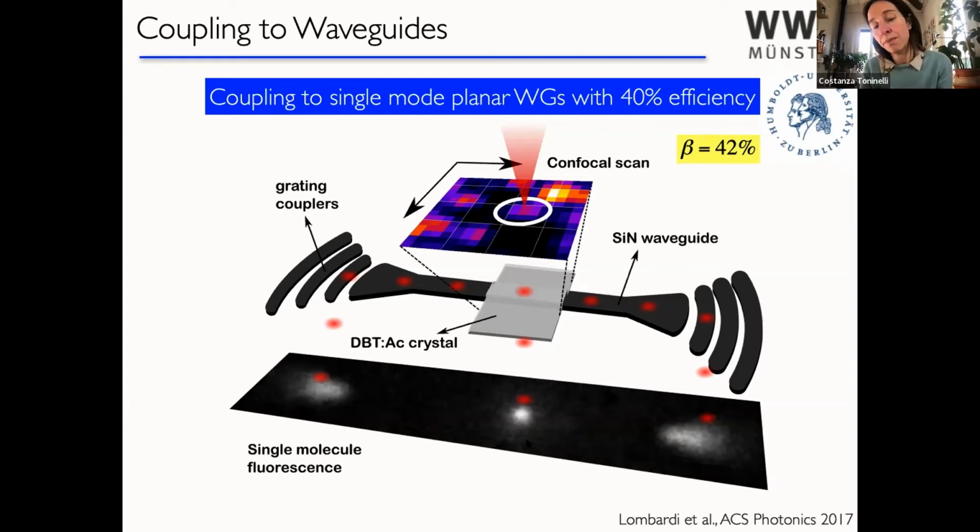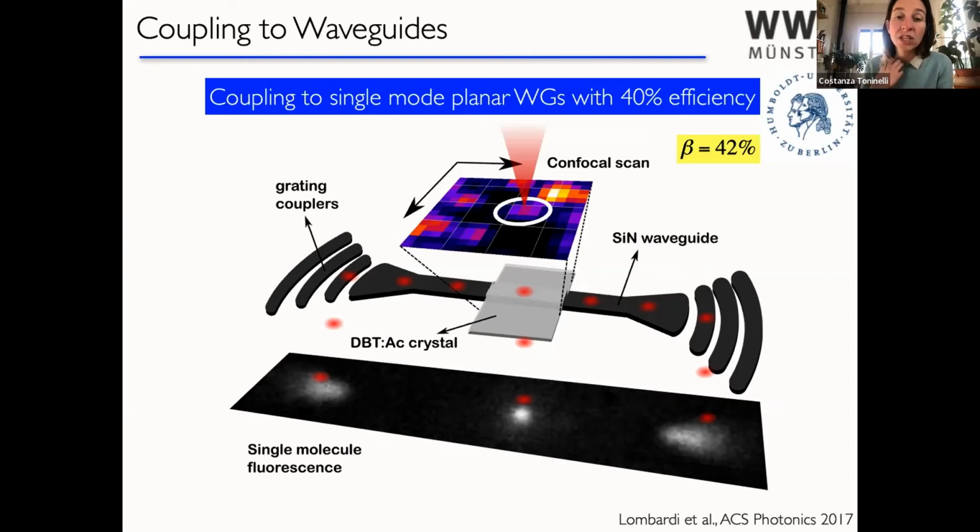By comparing the relative intensities in this spot, which corresponds to essentially the residual free space emission, and the single photons that have instead been funneled inside the waveguide and scattered at the output couplers, we could estimate a coupling efficiency of 40% that comprises both directions of propagation.